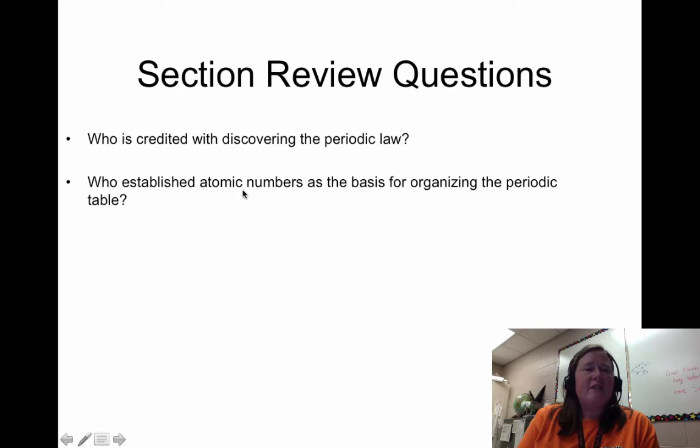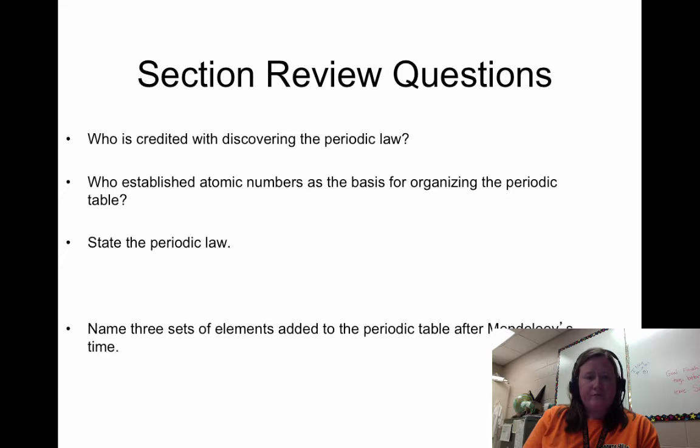And who established atomic numbers as the basis for organizing the periodic table? That was Mr. Moseley. And the periodic law, I just went back to. Name 3 sets of elements added to the periodic table after Mendeleev's time, and that includes the noble gases, the lanthanides, and the actinides.